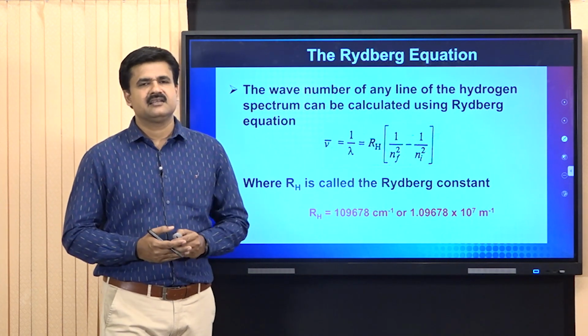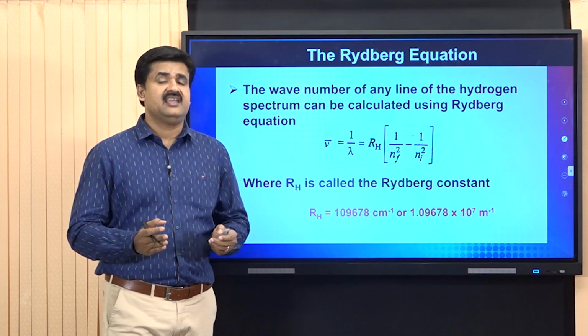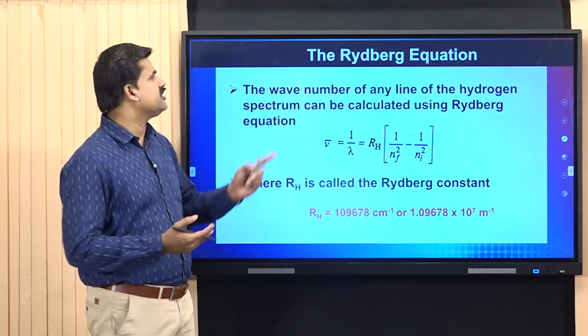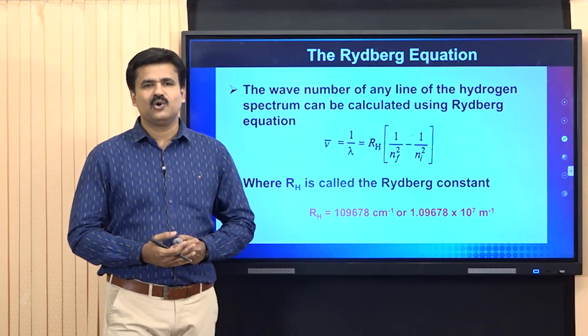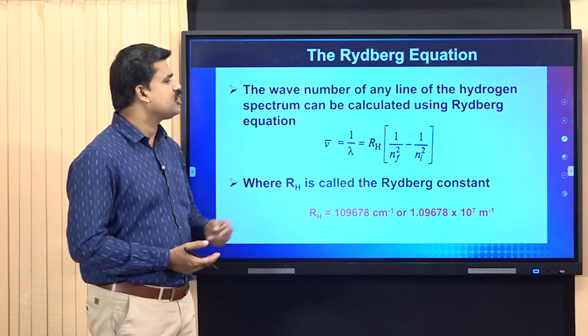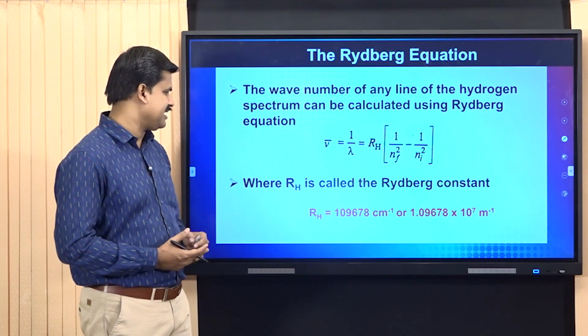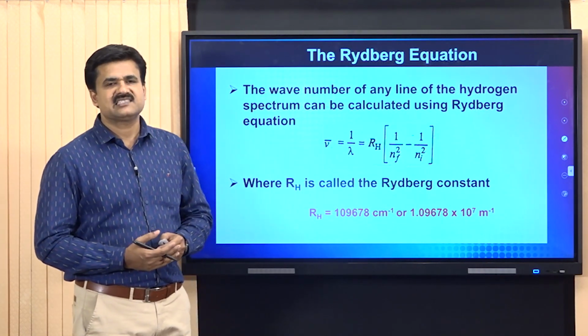This implies that we can calculate the wave number of any line in any series of the hydrogen spectrum using this equation. The equation is once again nu bar equal to 1 by lambda, that's equal to Rh into 1 by nf squared minus 1 by ni squared. Here, the numerical value of the Rydberg constant Rh is given.